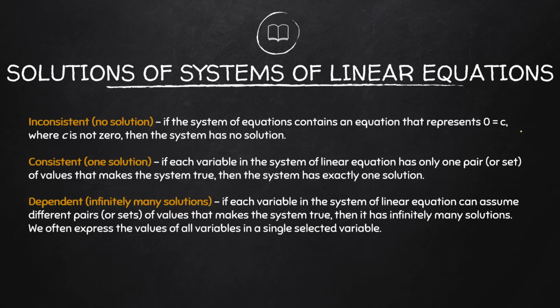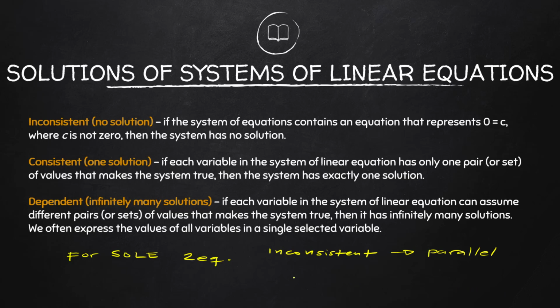So graphically, for systems of linear equations that have two equations, if you say inconsistent, the graph of the equations are parallel lines.